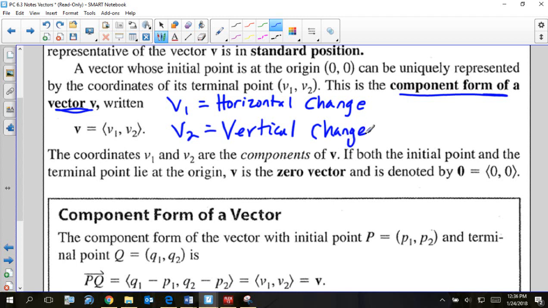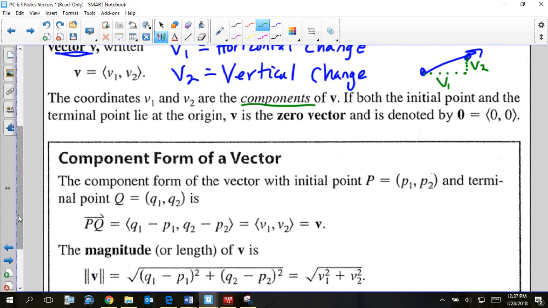So if we have a vector, horizontally, that would be v1, and vertical would be v2. So you see how we're making triangles here. Still triangles. They actually call the v1 and v2 the horizontal component and the vertical component. But that's what it means, the change.